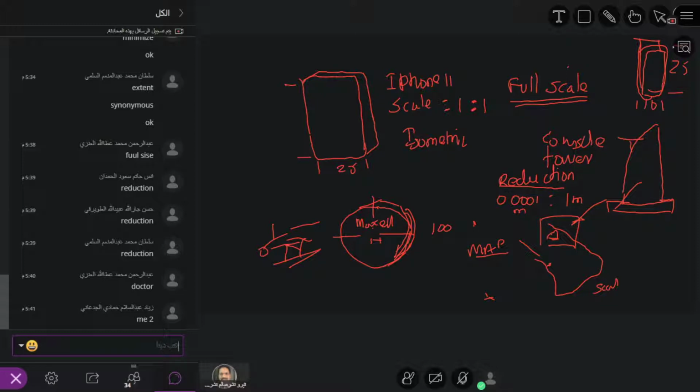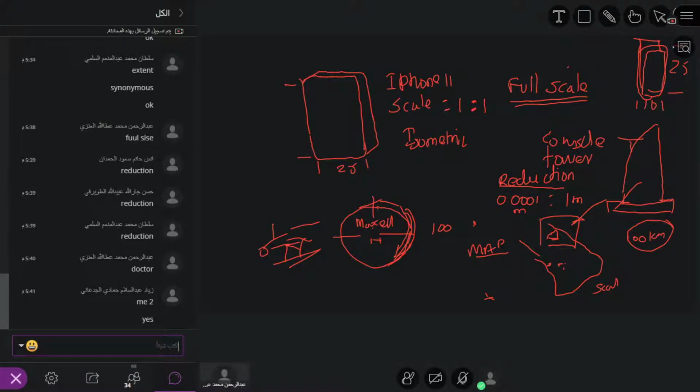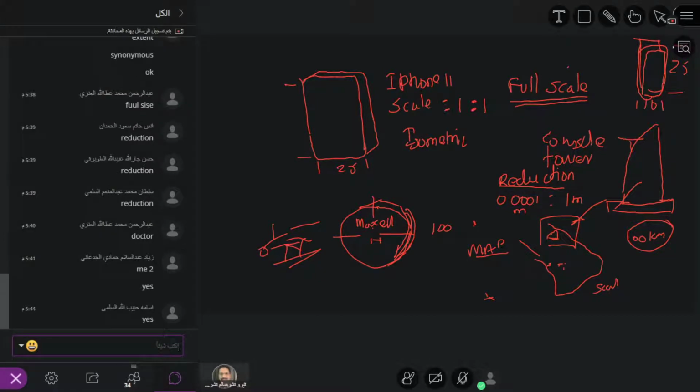In case of an enlargement scale, here 1 mm means the actual Saudi Arabia has 100 kilometers. So if I draw a road on a map from one place to another and measure 1 millimeter, then you use the scale and calculate the distance directly. If it is 1 mm, the actual scale is 100 kilometers. Do you follow me? Good.